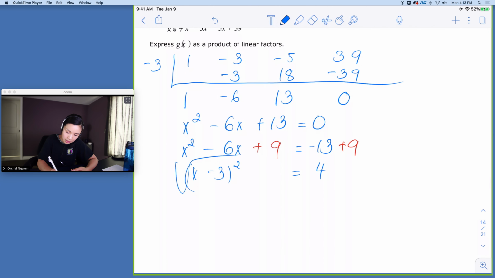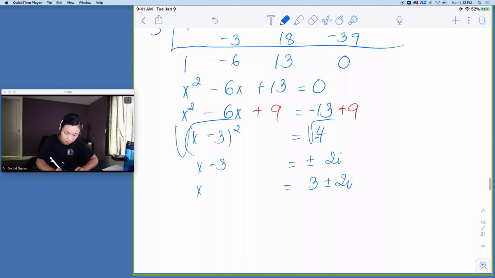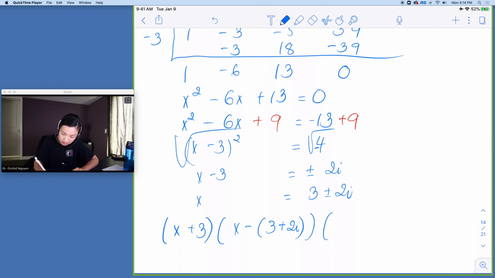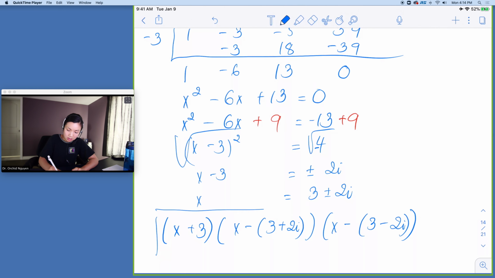Okay, so if I take the square root, I end up with x minus 3 equals plus and minus 2i. Okay, so it's going to be x equals 3 plus and minus 2i. Now I'm ready to write the factored form. So x plus 3, x minus 3 plus 2i, and x minus 3 minus 2i. Okay, those are the zeros.